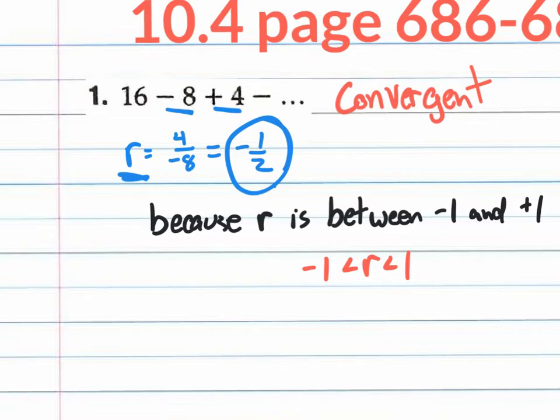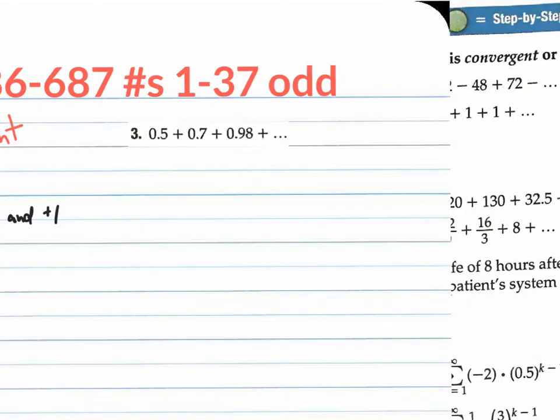Let's do number 3. So let's find the common ratio here. Let's take the 0.7 and divide it by 0.5. I'm going to jump to my calculator here. The answer is 1.4 on my calculator. Now let's say you didn't have a calculator. You could rewrite 0.7 as 7/10 divided by 0.5, which is 1/2.